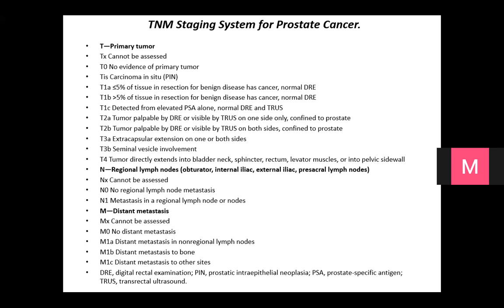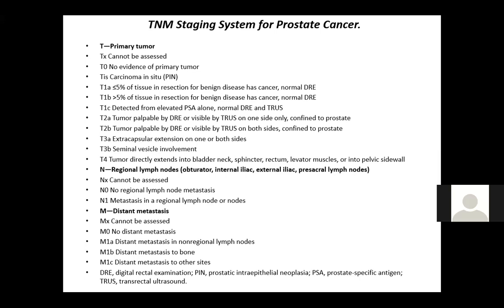And T1 is divided into 1A, 1B, and 1C. And 1A and 1B is dependent on how much of the resected tissue is found to have cancer. Remember, when Dr. Sikhondze was talking about BPH, he talked about TURP, okay, transurethral resection of the prostate.